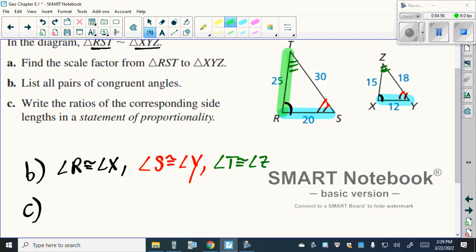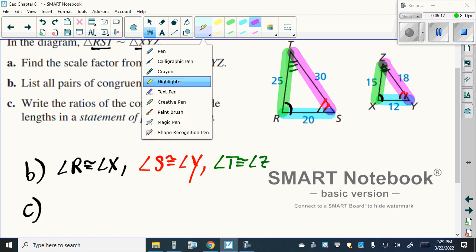Now look at the other triangle: we'd look at ZX because it matches up with the angles, and 15 is between 18 and 12. And the last one is our TS, which would match up with our ZY.